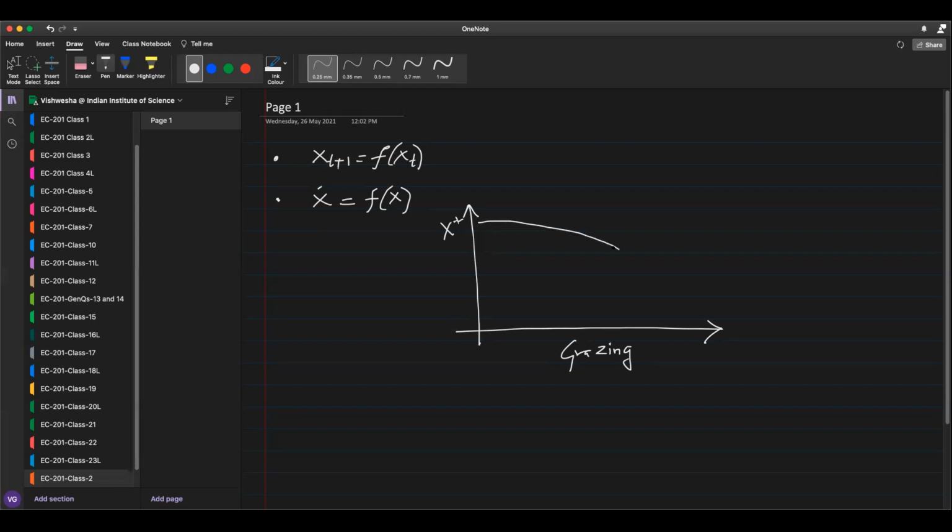It had this interesting behavior, where between two conditions, let's call them C1 and C2, of some environmental parameter, in that case grazing rate, what was very interesting was that the system could have two possible stable states.